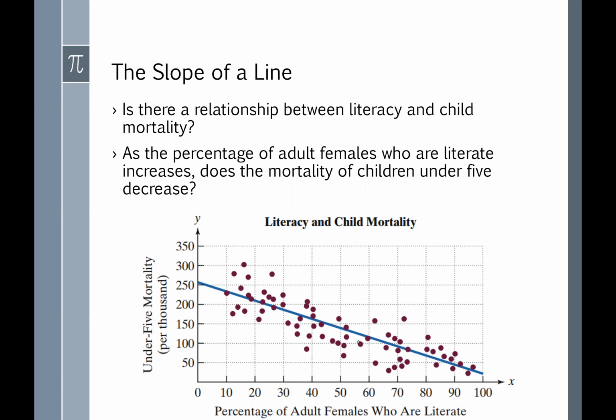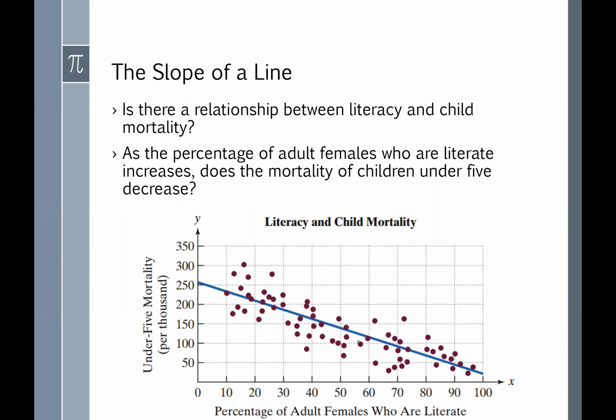I'm not sure if this is their children or exactly what it is, but that would be my assumption from the graph. And we can see as X, which is the percentage of adult literacy, increases, it goes to the right, the infant mortality rate decreases. So there's a relationship, which we can see, between these two variables.